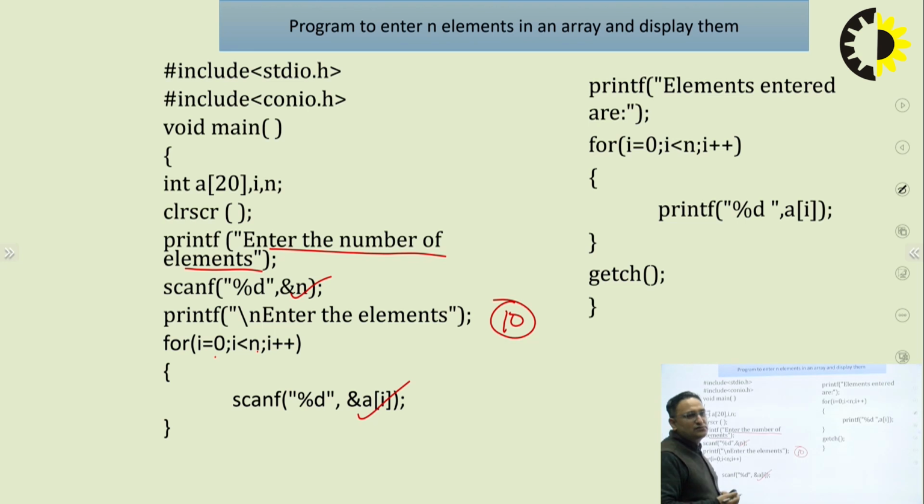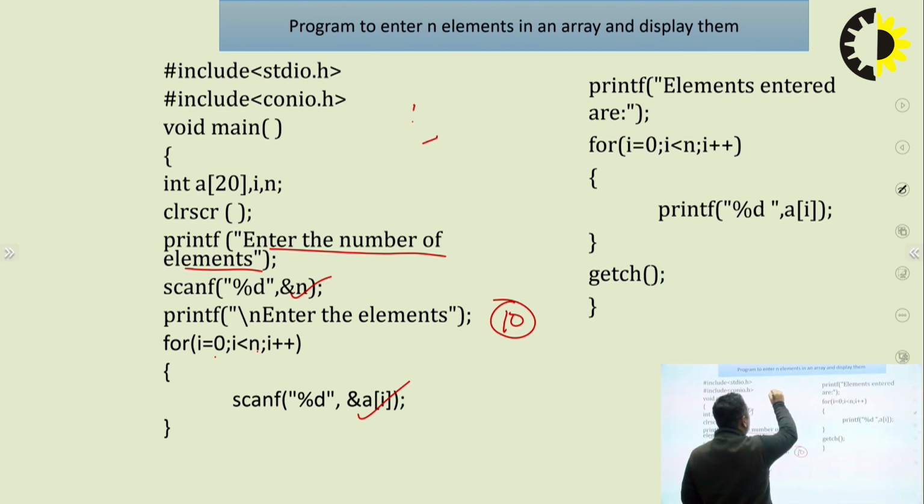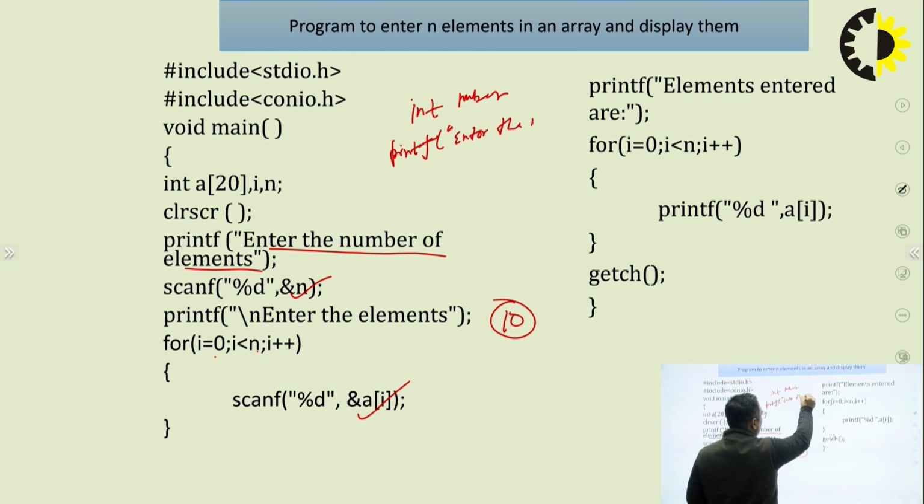So let's suppose you want to enter a normal variable. What you will do? You will have simply int number, and then you prompt to the user printf "enter the number", right? This is how you do.